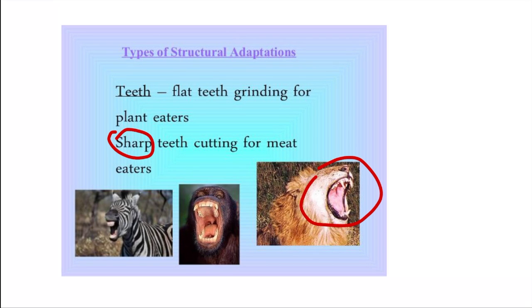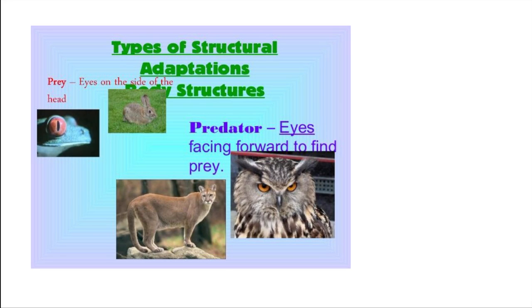Okay, animals that grind plants, like monkeys, zebras, and horses, have grinding teeth, flat teeth. So they are not the same as these lion animals.